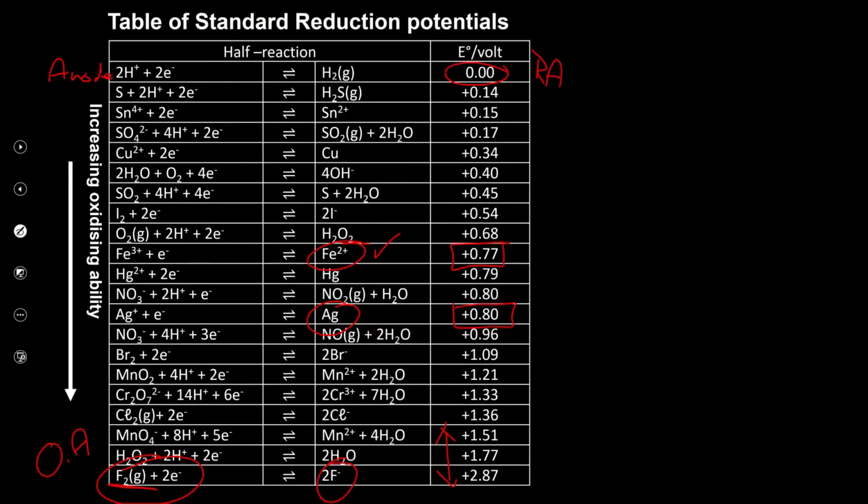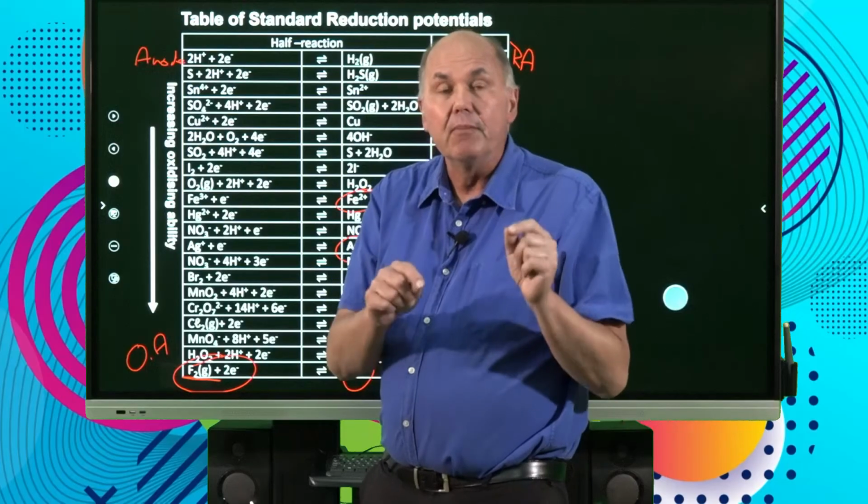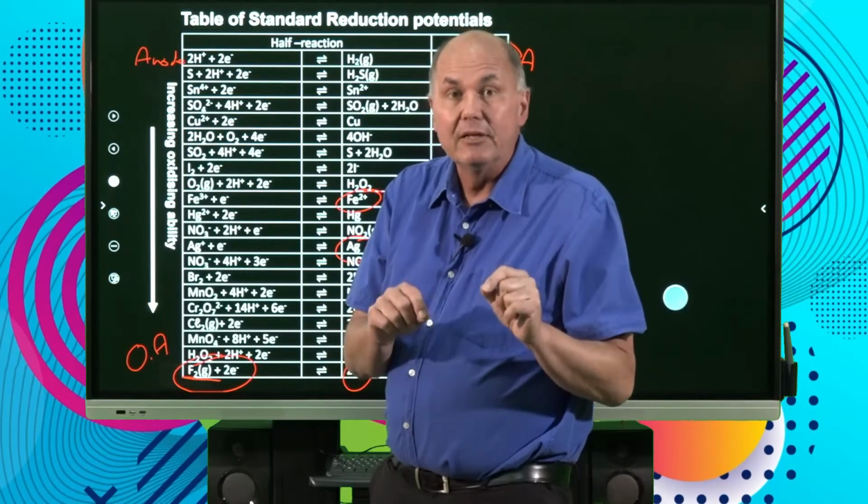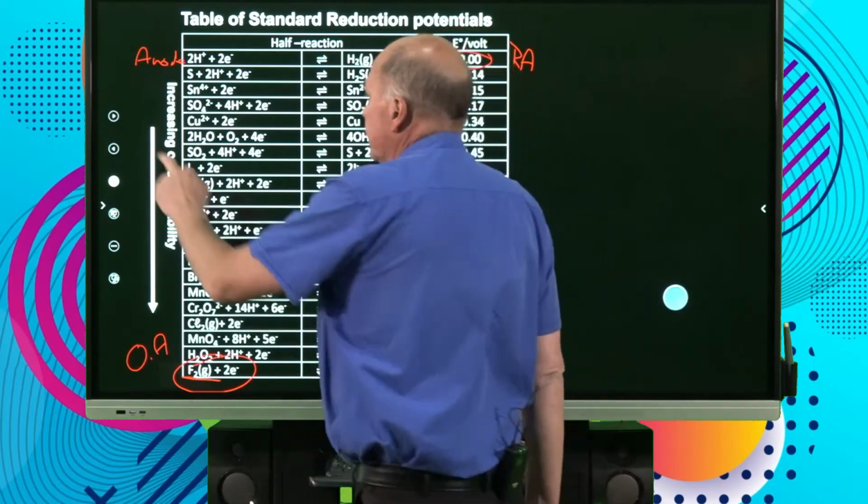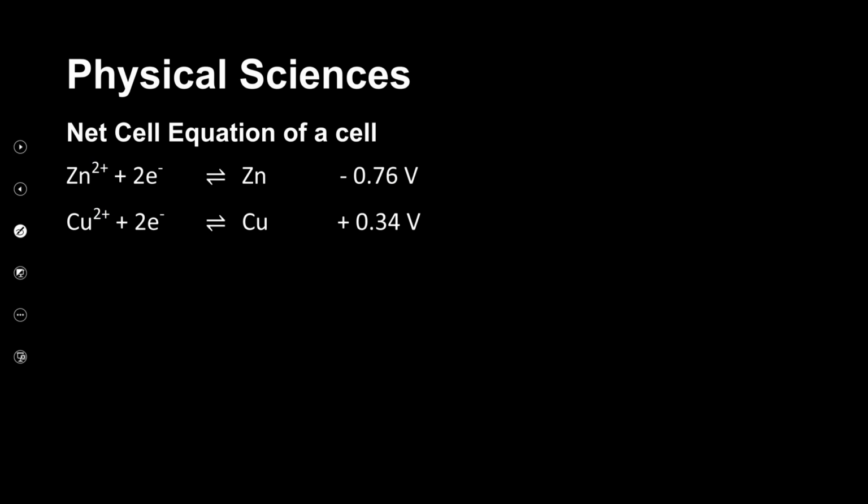This table, with these values on, as they've been written in this form, is very important to be able to show the net reactions. So I'm going to do an example here of the type of reaction that we've done previously. So have a look at this. We recognize this is definitely the most negative, so it's the reducing agent. And if it's the reducing agent, we're going to take the thing that is undergoing oxidation.